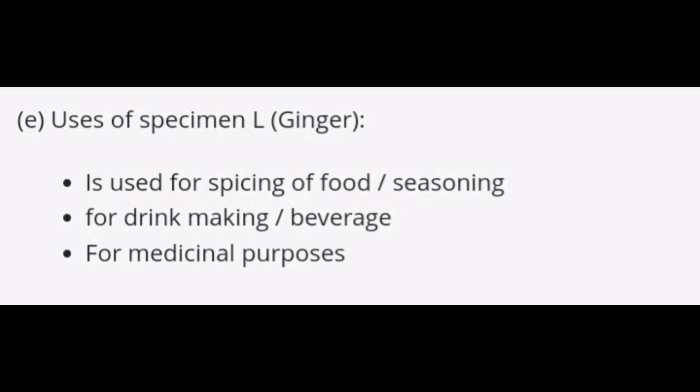is for spicing food, also for seasoning, for drink making, beverages, ginger tea, all that, and it's also for medicinal purposes. Now remember that in all you do in practicals, you need to have a basic knowledge of drawing.